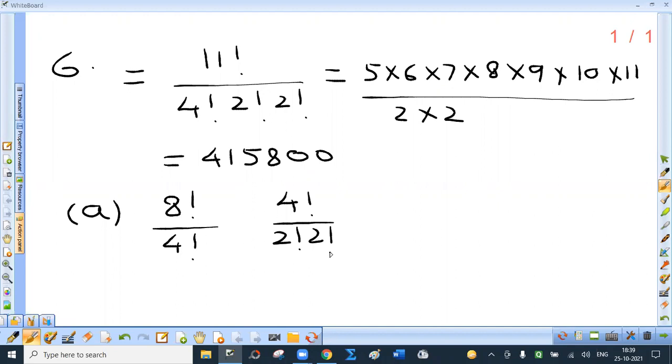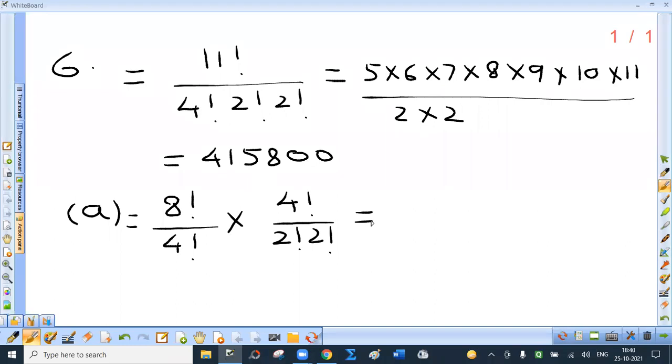Therefore, number of arrangements in which both R and H are together equal to, see on the screen, 8 factorial upon 4 factorial into 4 factorial upon 2 factorial into 2 factorial.